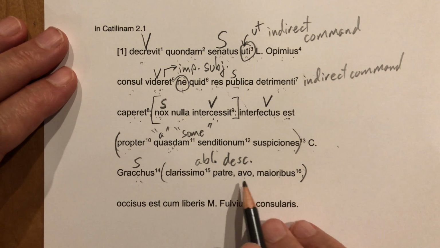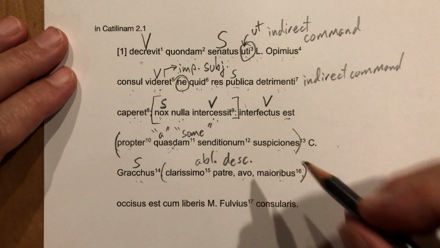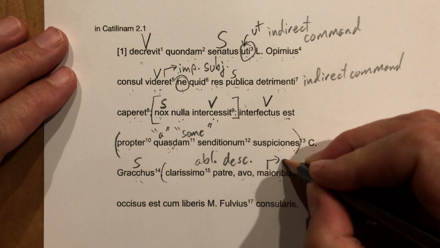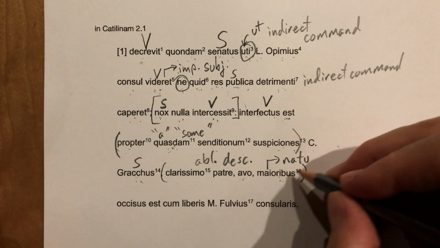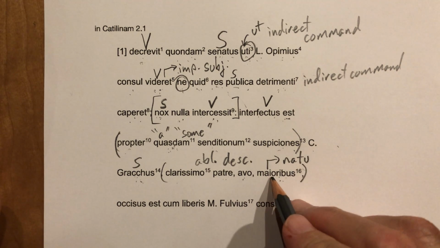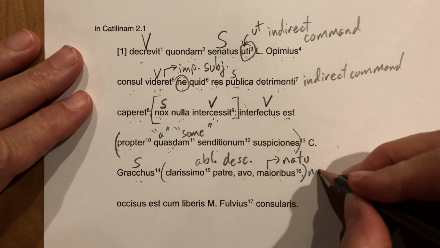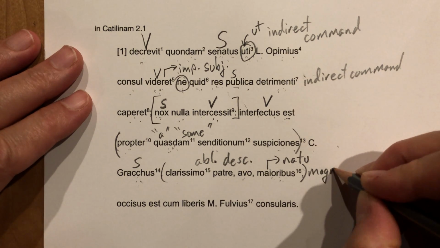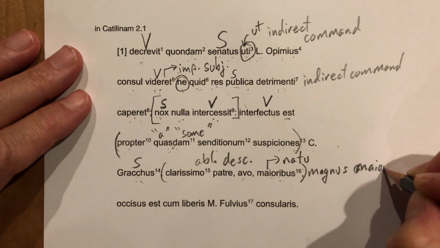Avo maioribus, and grandfather and ancestors. Now maioribus, if you see this spelled out properly, it's maiores natu. And maiores, you might notice that's just the comparative of magnus. Magnus, maior.